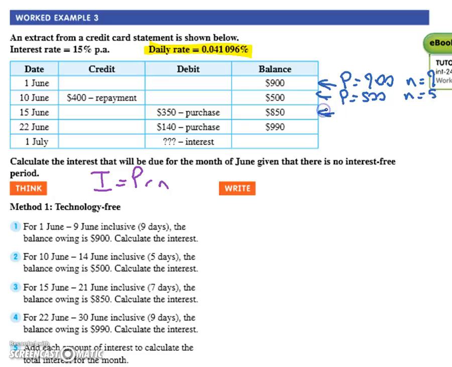Then this part here. How much do they owe? Okay, they owed that on the 15th, 16th, 17th, 18th, 19th, 20th, and 21st. 7 days. Because how many days did they owe $900? They owed $900 on the 1st, 2nd, 3rd, 4th, 5th, 6th, 7th, 8th, and 9th of June.